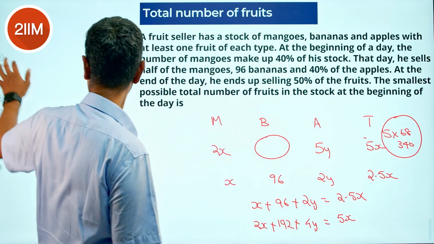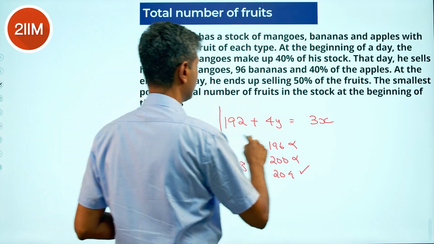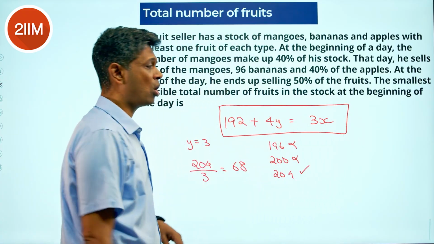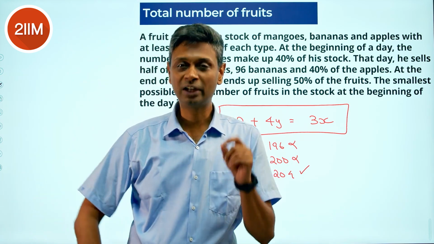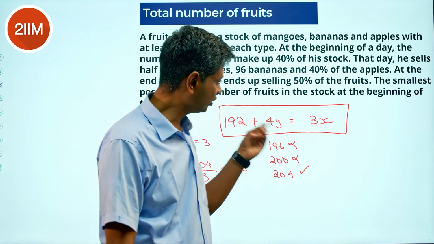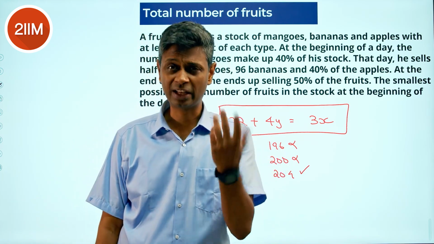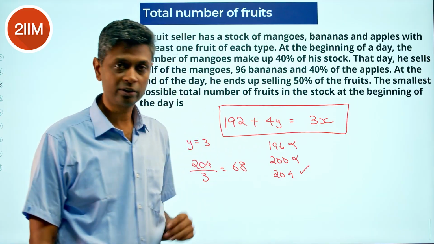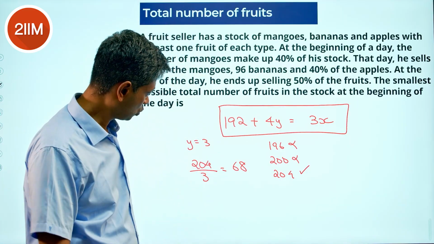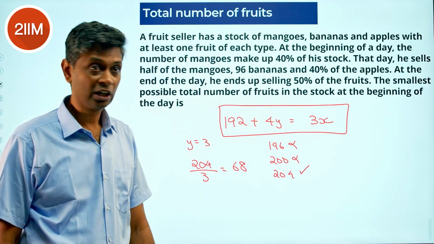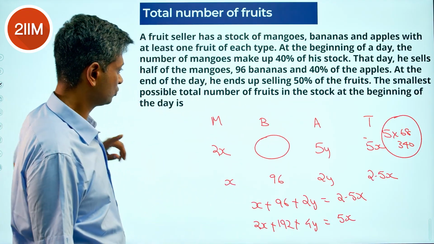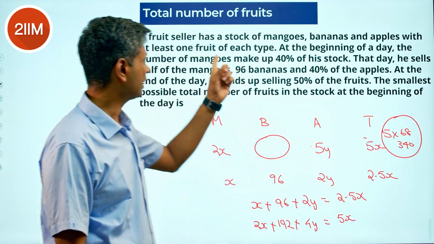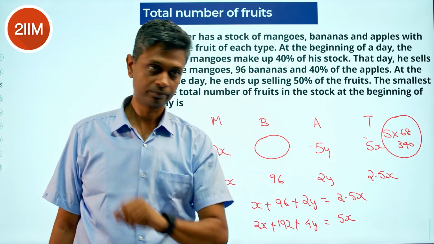The key part here is to simplify this equation and then say, hey, what is the smallest value of y that I can plonk in to get a nice integer value of x? Looking at this, smaller that y is, smaller x will be. Y equal to 3 works, x equal to 68 works. Remember, we cannot have y equal to 0, because if y were 0, this would be 0, and we're saying at least one fruit of each type.